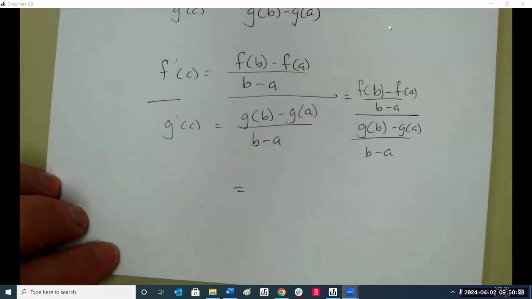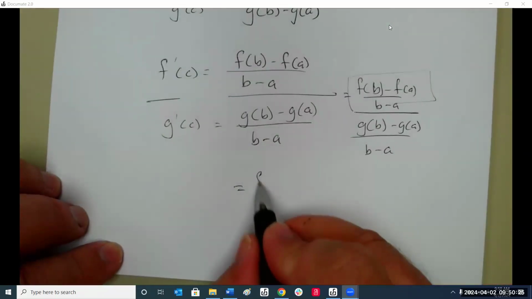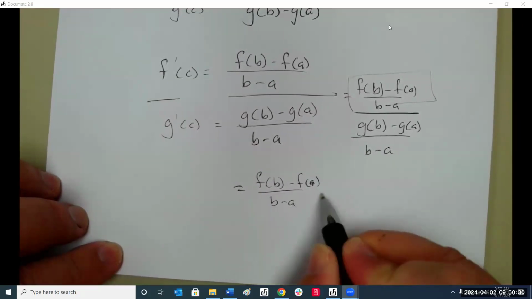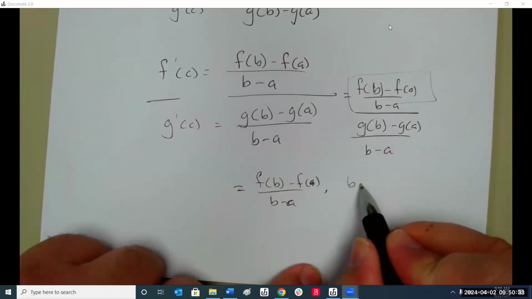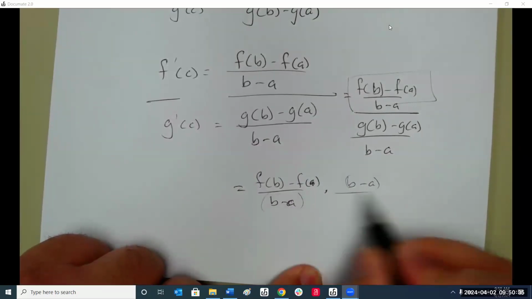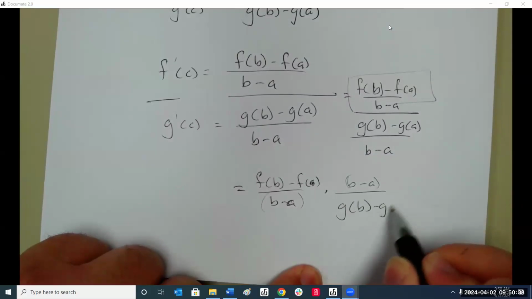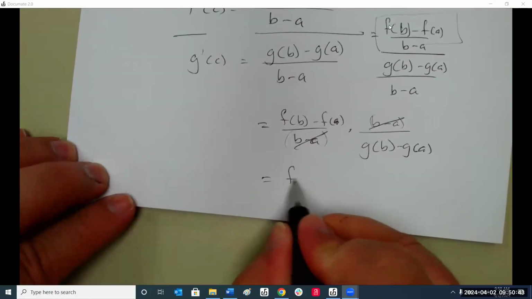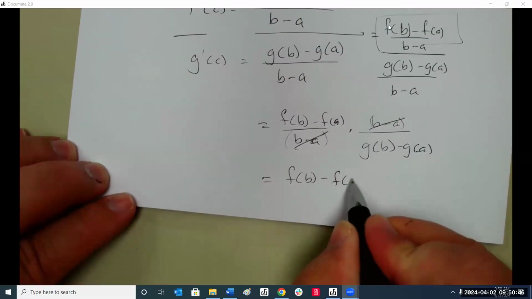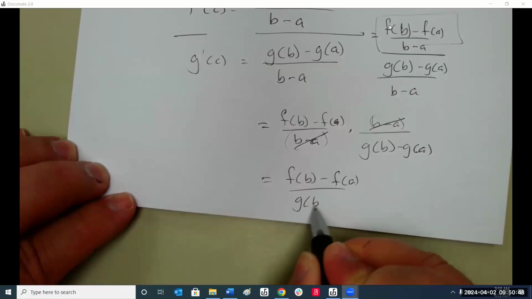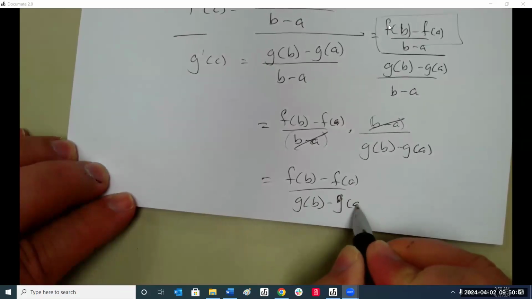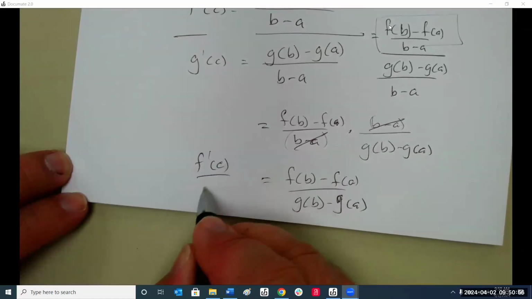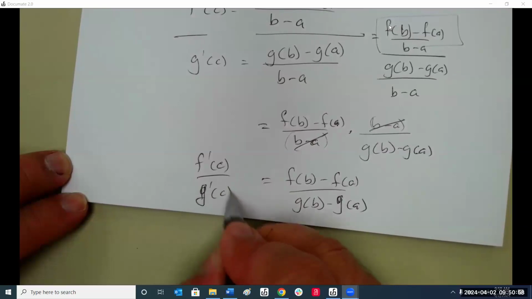Take the top fraction, leave it alone, and multiply by the flip of the bottom. So these two cancel, which leaves us that. This shows us why L'Hopital's rule can work.